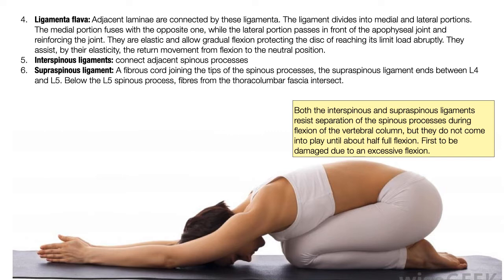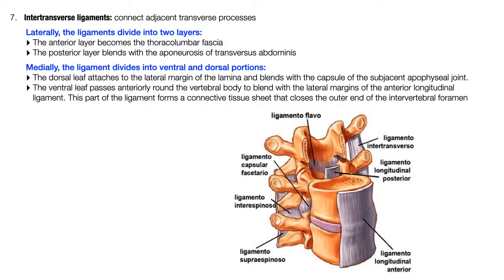These last two, at this level, will resist separation of the vertebra during flexion, but only tighten at about half full flexion, and are the first to be damaged if excessive or abrupt flexion occurs.